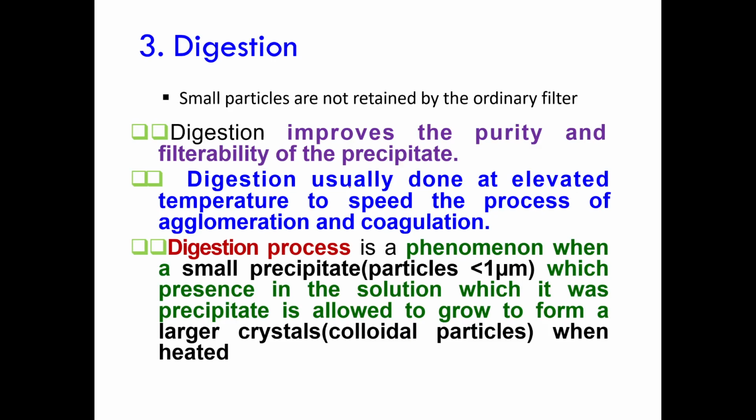The digestion process is a phenomenon where a small precipitate, with particles below 1 micrometer present in the solution, is allowed to grow into a large particle or a large crystal when heated.